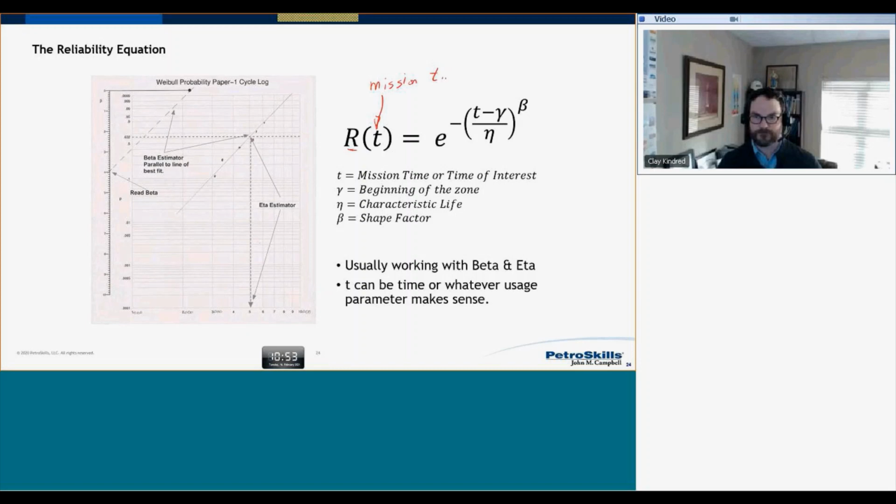For mission time, think maintenance interval. So I do my exponent of minus the mission time minus gamma, usually set at 0 unless you know for sure you've got something, over eta, which we've just calculated, to the power of beta. And honestly, guys, this thing works.